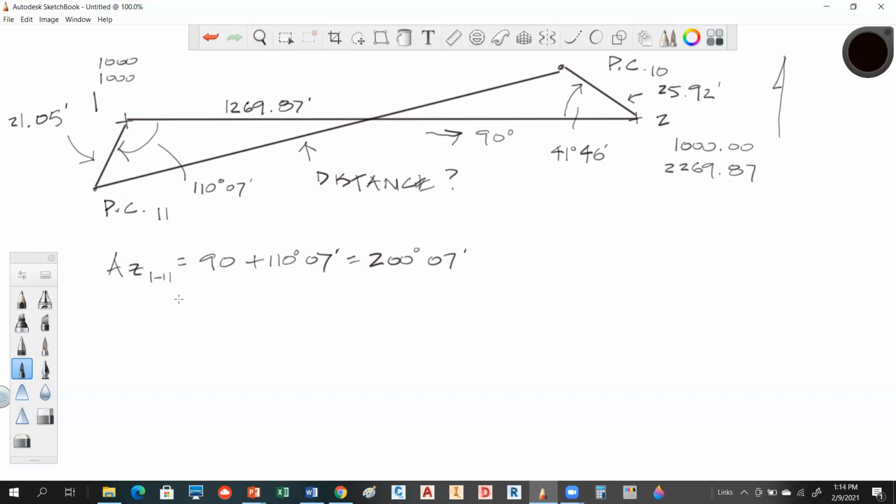Yep. Okay, so now very simply, all we need to do is a latitude from 1 to 11. It's going to be the distance, 21.05, times the cosine of 200.